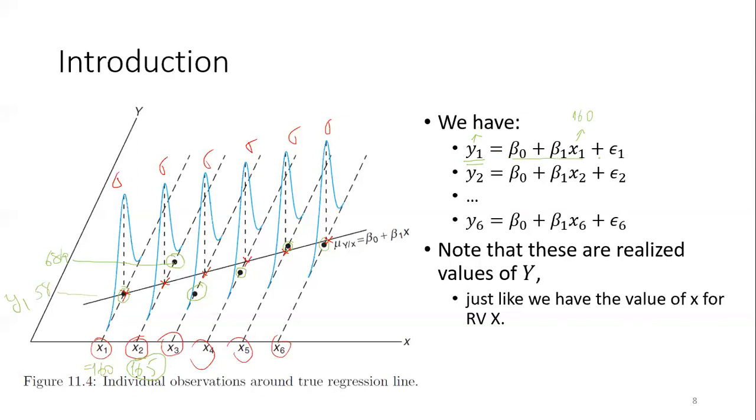Then y2 can be written as beta 0 plus beta 1 x2 plus its error term, or y6 can be written as beta 0 plus beta 1 x6 plus its error term. In our case, x2 was 165. So what we do, in each case, is first find the mean, which is the constant, and then we add the random term to it. So far, so good.